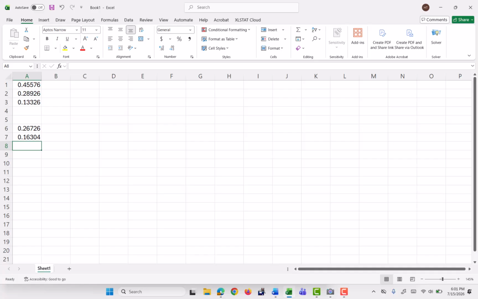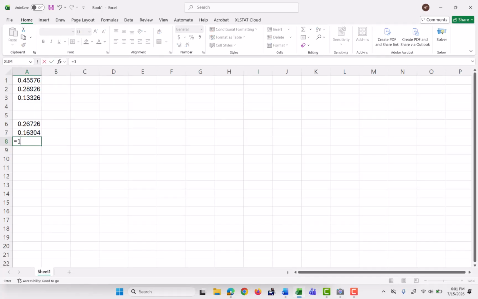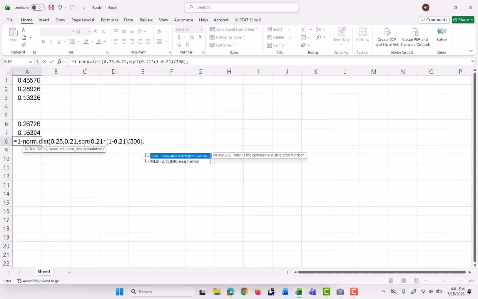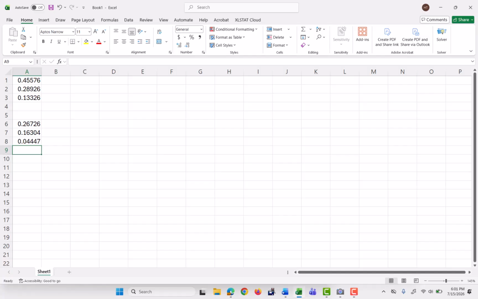So let's do equals 1 minus norm.dist, 0.25 with a population mean of 0.21. And again, still 0.21 times 1 minus 0.21 divided by, the only thing that's changing is that now it's 300 instead of out of 100 or out of 40 like we've had in the last couple examples. And now it's 0.0445.